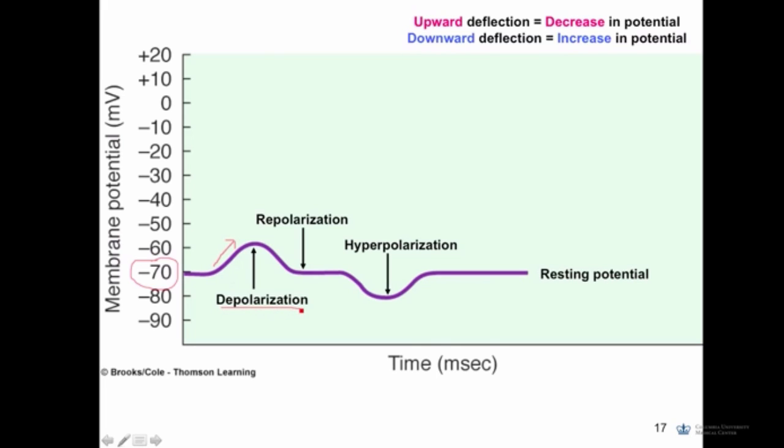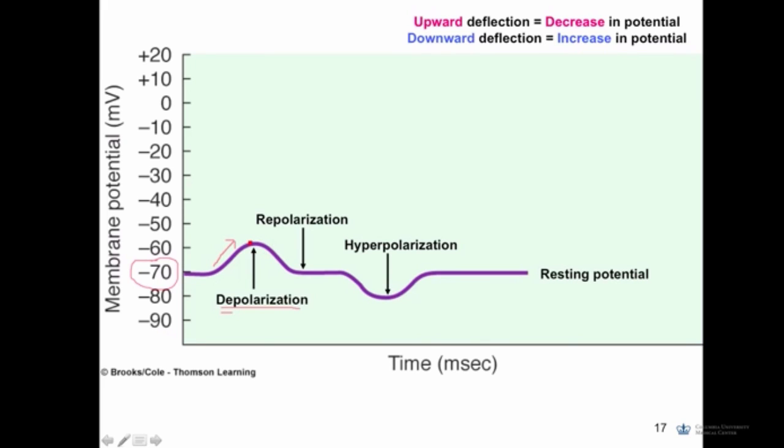Remember, the outside of the cell is positive and the inside of the cell is negative, which means the membrane is polarized. So if the membrane potential is getting closer to a positive number, then it's depolarizing. It's becoming less polarized.